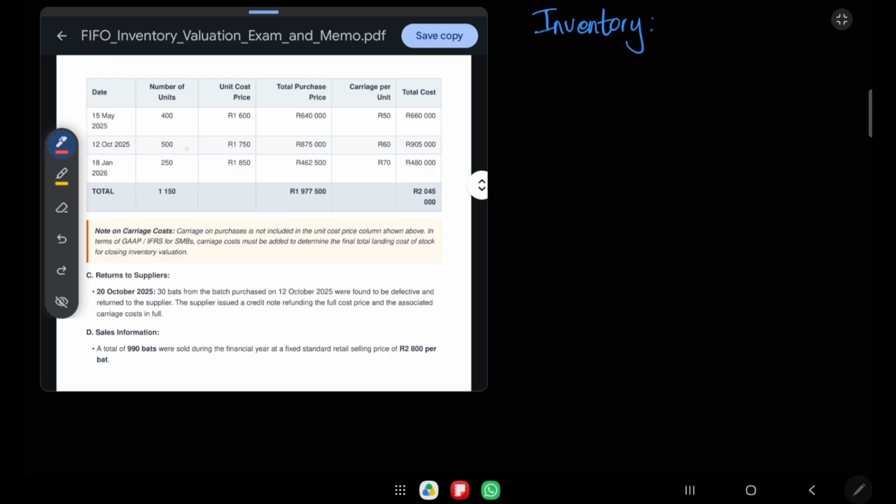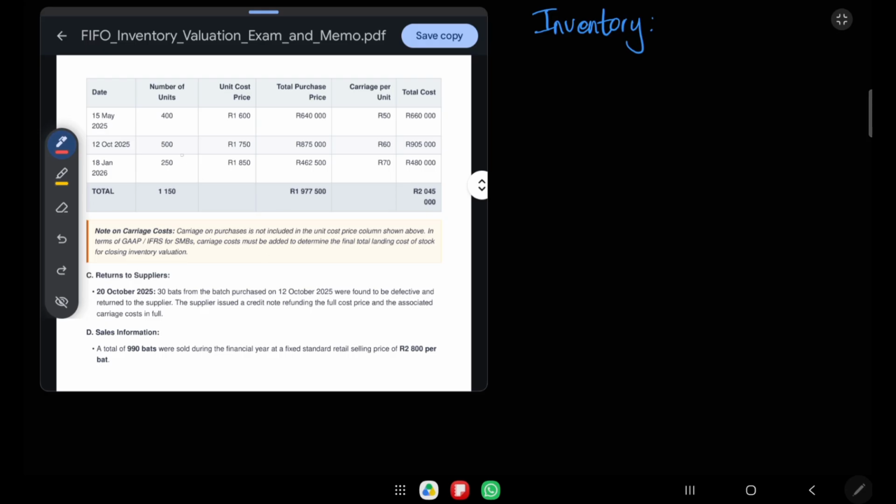Let's do so for the 12th of October 2025. We had 500 units. Our unit cost price is 1,750. Our total purchase price is 875,000 rand. So let's try to make sense of this. 500 times 1,750 gives us 875,000 rand. Please make sure that you verify with a calculator as well.